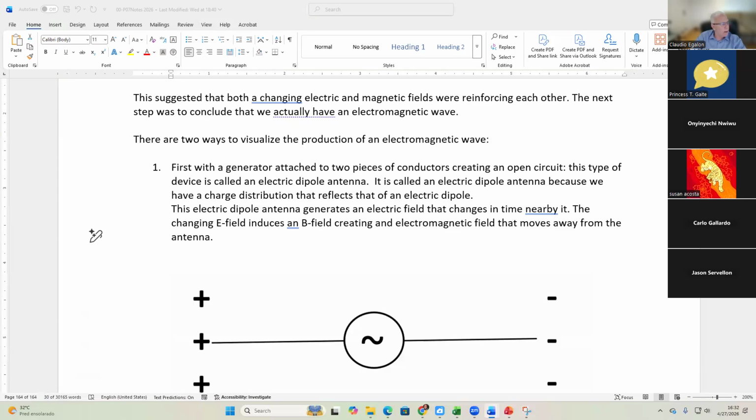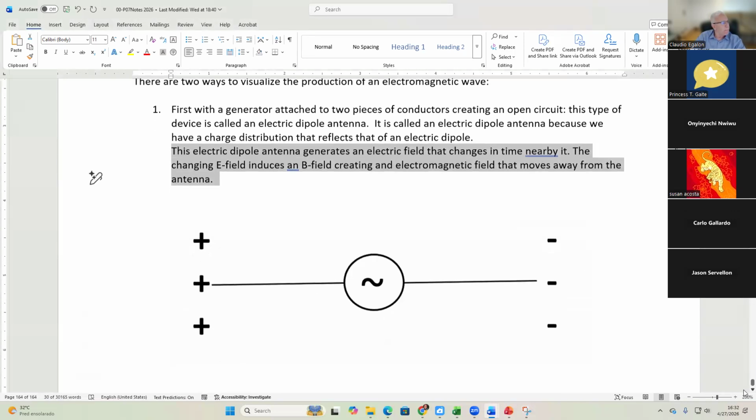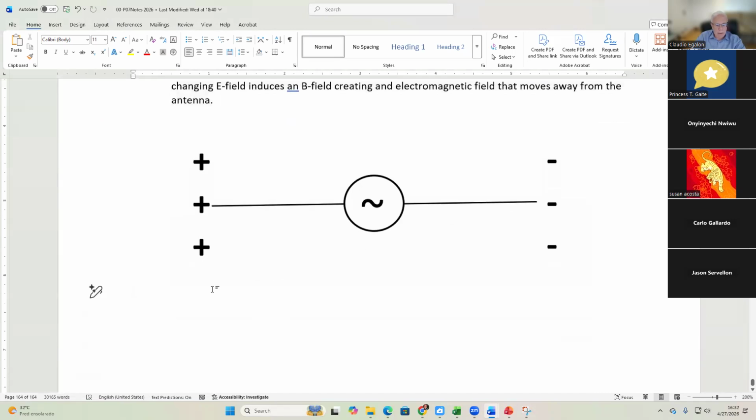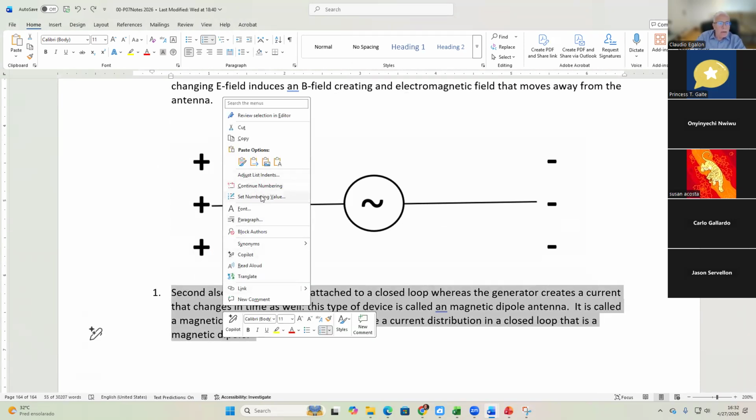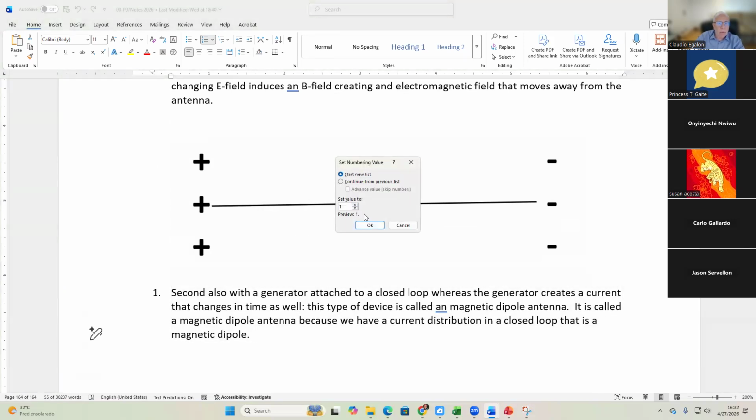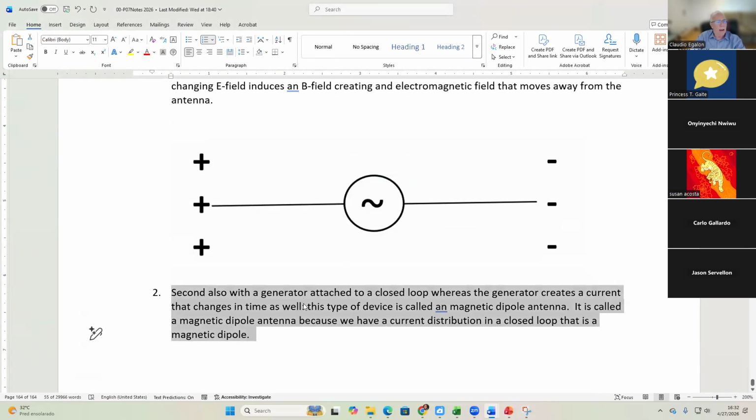The second way, I didn't mention to you yet, is another way: to attach a generator to a closed loop.